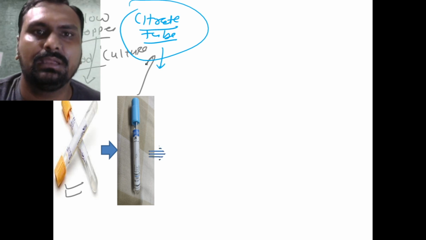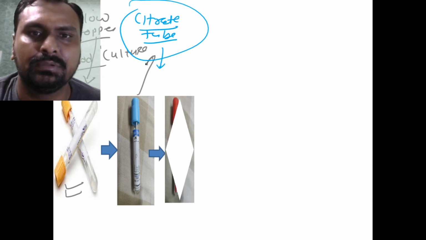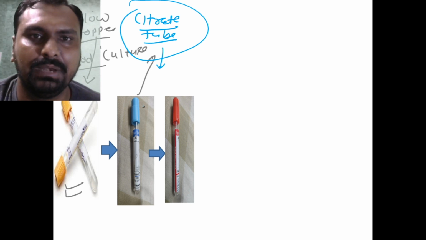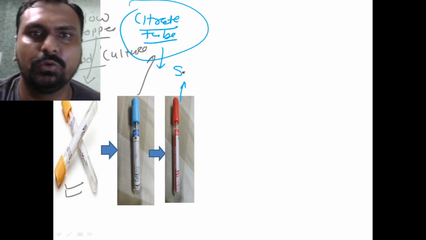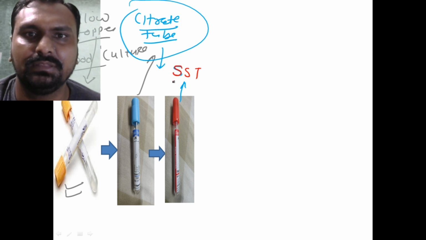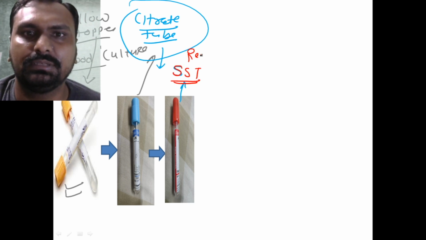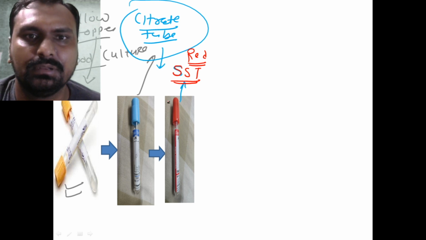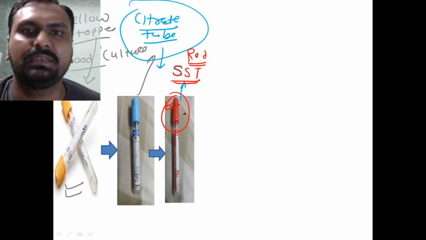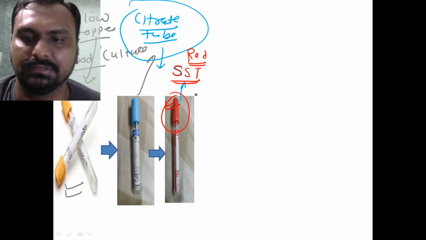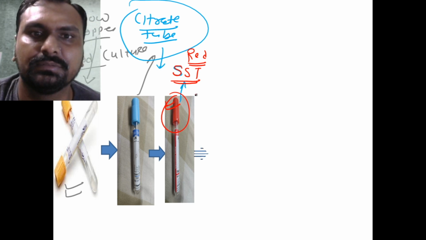After that, we take the blood in the plain tube, also called the serum separator tube, SST, whose stopper is red. It is mainly for biochemistry, serology and immunological parameters.